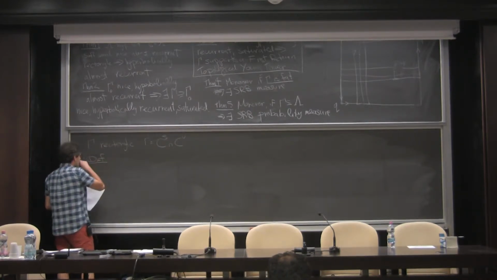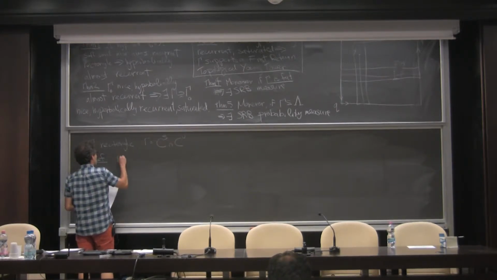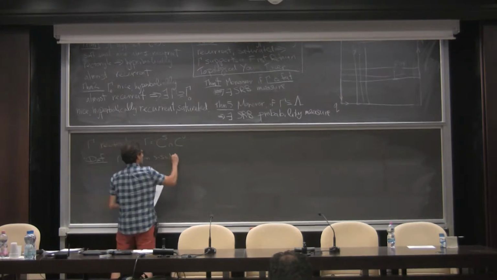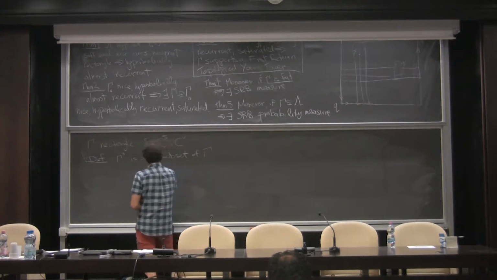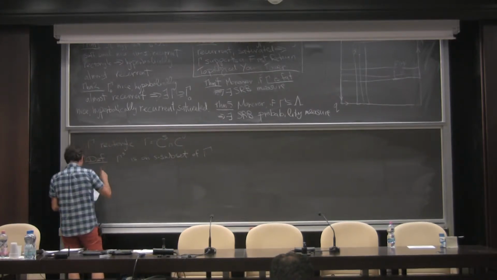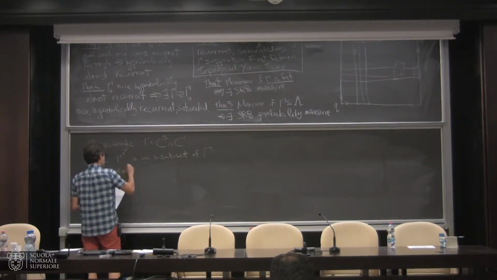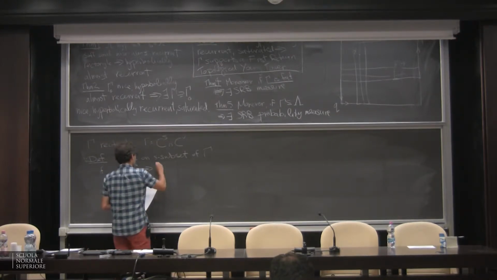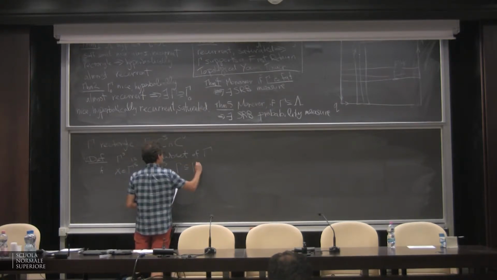So definition: we say that gamma S is an S subset of gamma if x in gamma S implies VSX intersection gamma also belongs to gamma S.